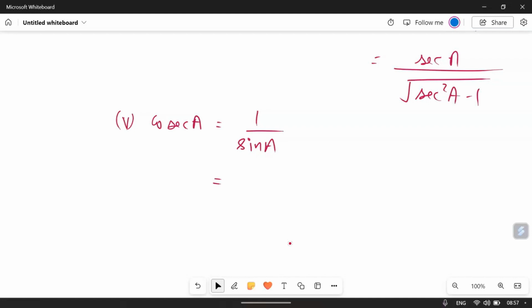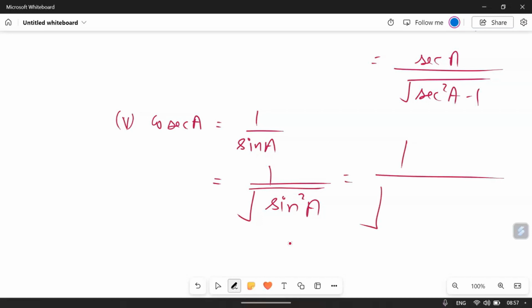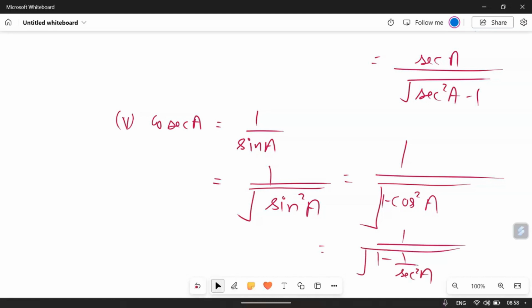We need to convert it: 1 upon sin A, which can be written as 1 upon under root of sin square A, that is 1 minus cos square A, and you can take the LCM, that will become 1 minus 1 upon sec square A. Now you need to solve this.